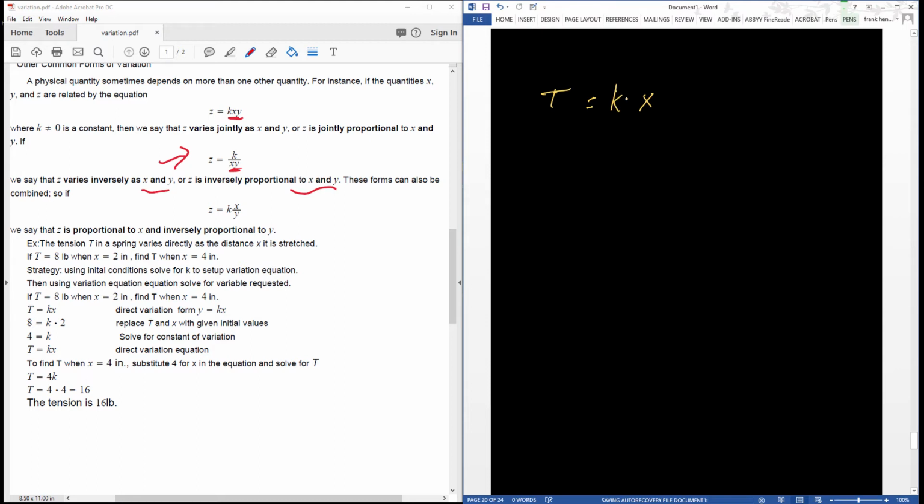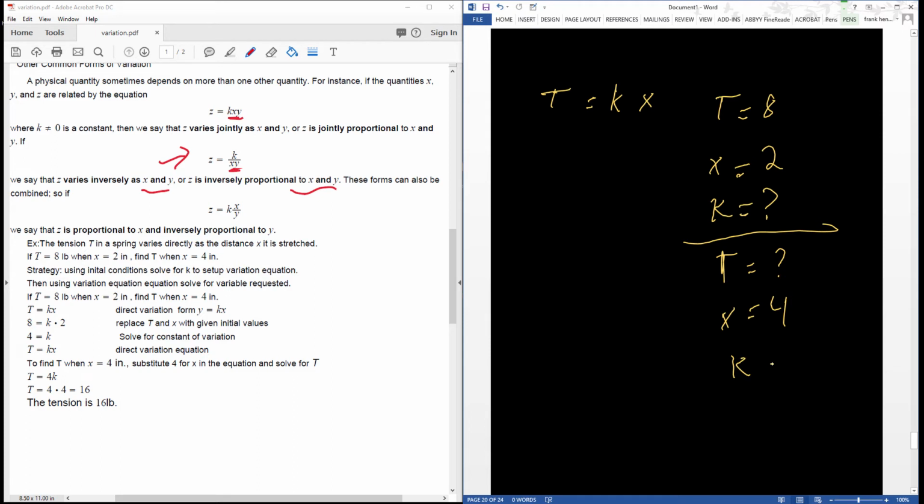T varies directly as x. And initially we are told that T is equal to 8 when x is equal to 2, and k is unknown. Then they give us a new set of conditions, and they want us to find out what T is when x is 4 and k is still unknown.